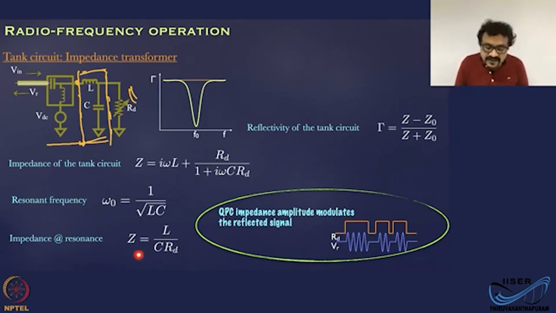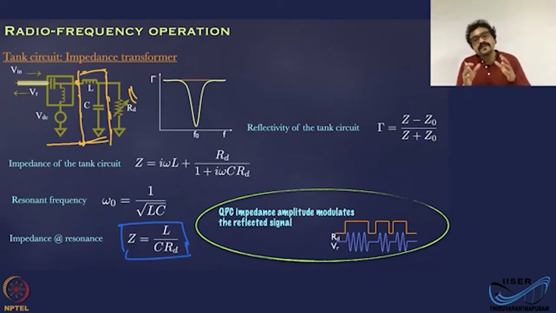From that, you can work out that the impedance of the circuit at resonance, when you look from these points, is L by C RD.